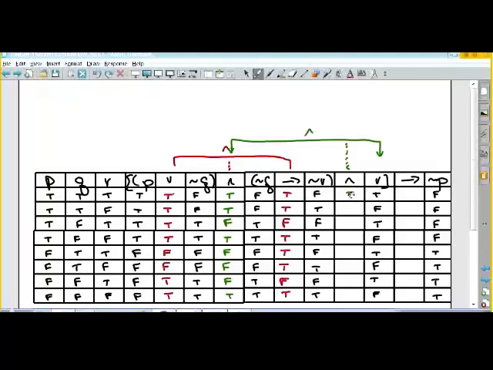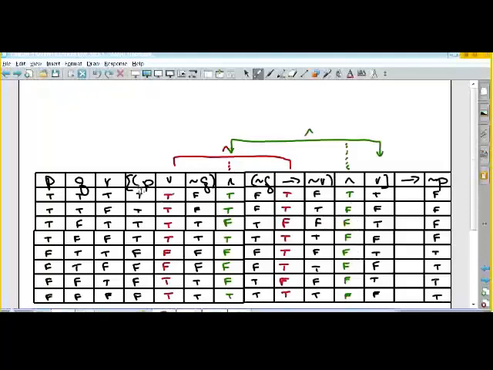So I see 2 trues there, and I go down, and that's the only one. Just the first case here, true versus true. All the other ones have at least one false in them. So it's true, false, false, false, false, false, false, false. Got one true and a lot of falses.